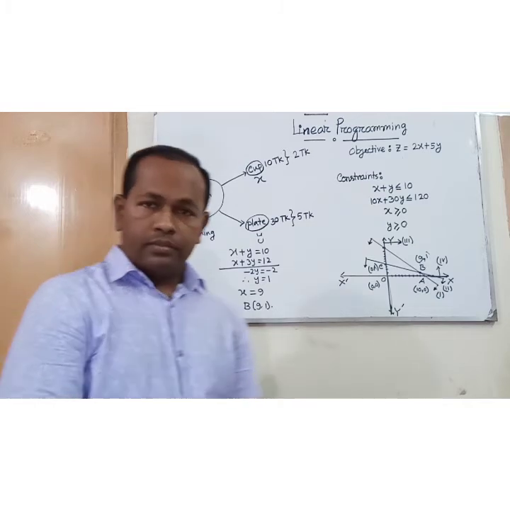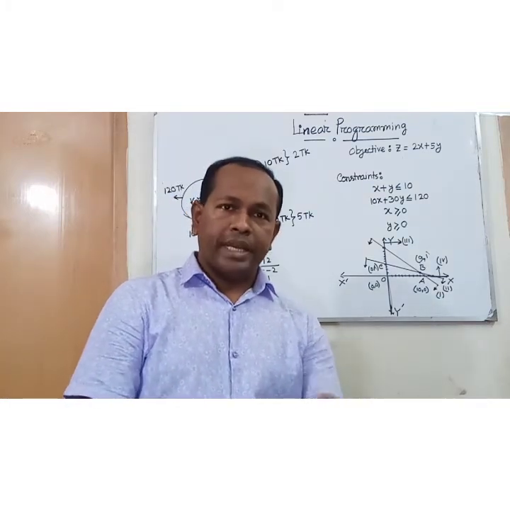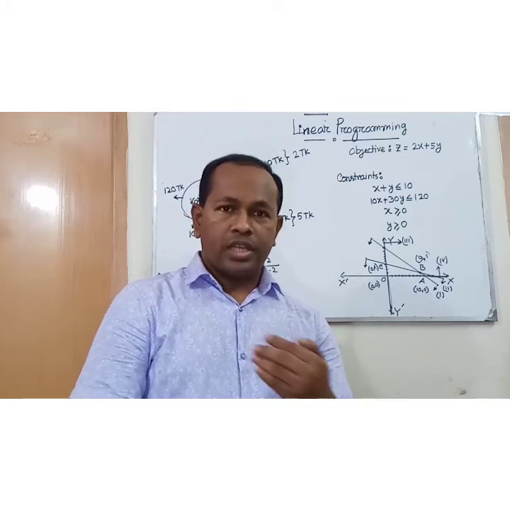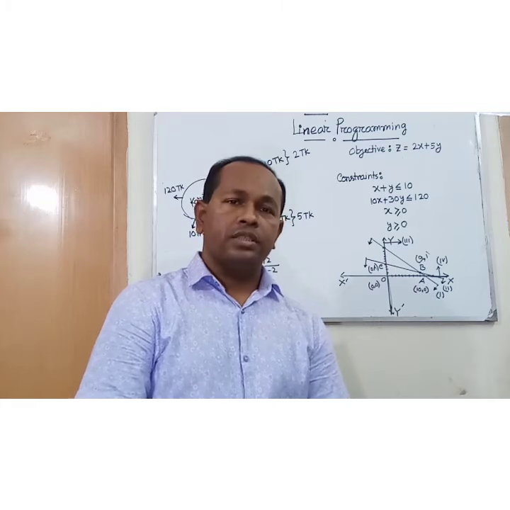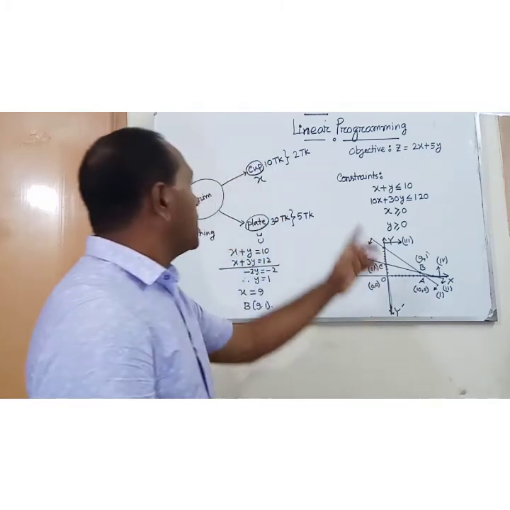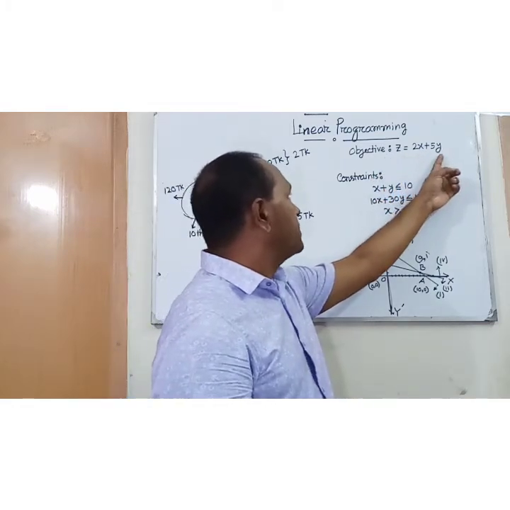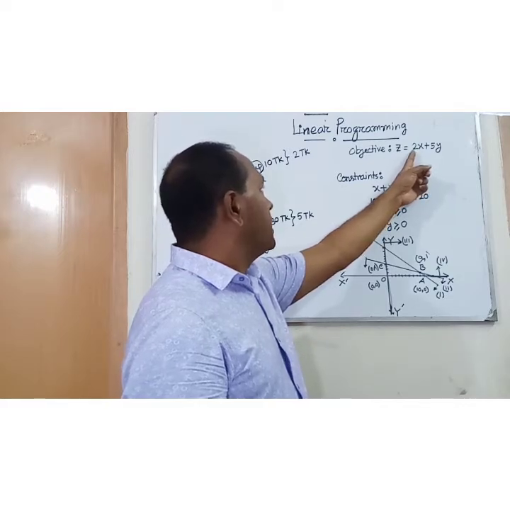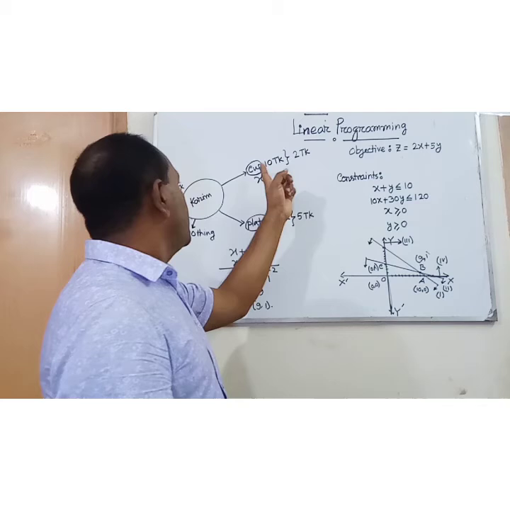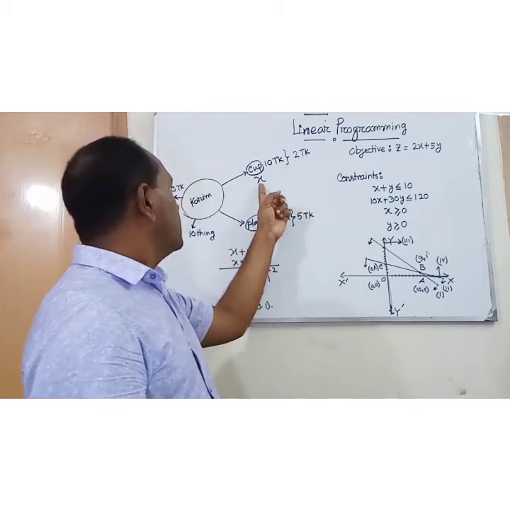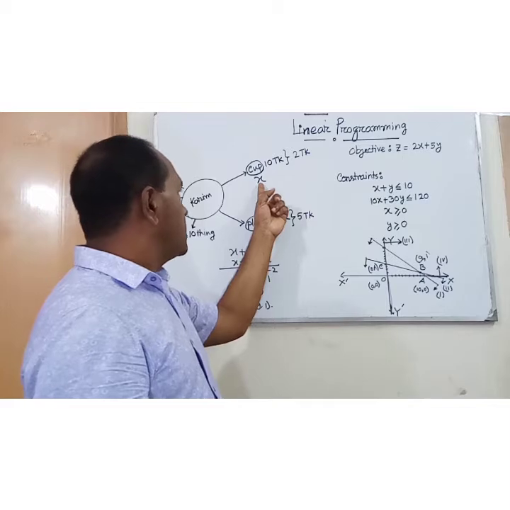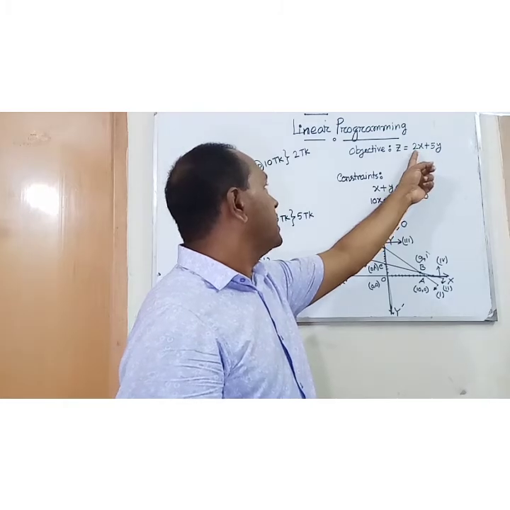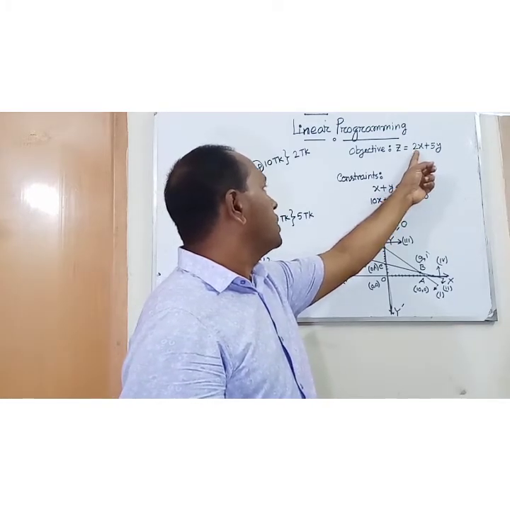So let's make the objective function first. The objective function becomes z equals 2x plus 5y, since he wants to get a profit of 2 taka by selling each cup. Here the number of cups is x, so by selling x cups he will get a profit of 2x taka.